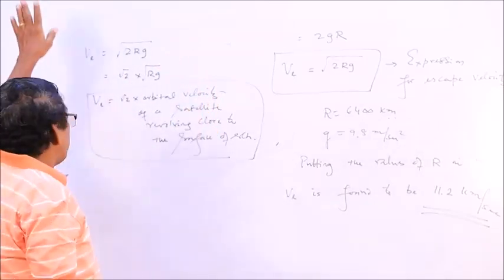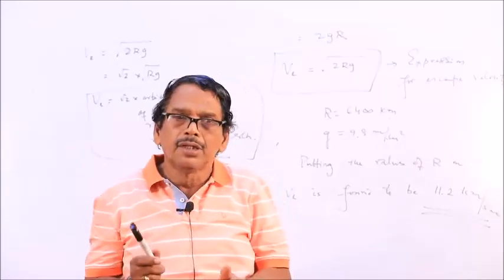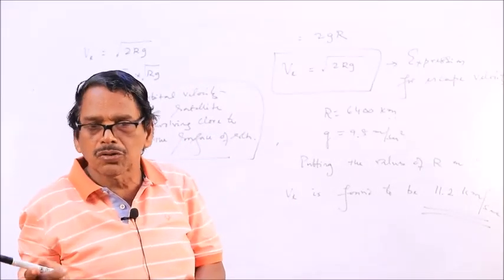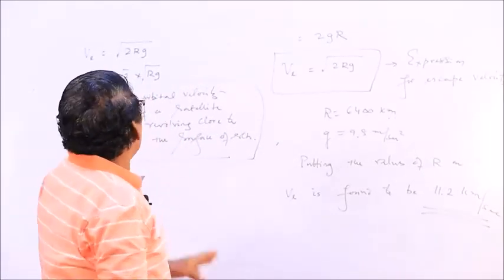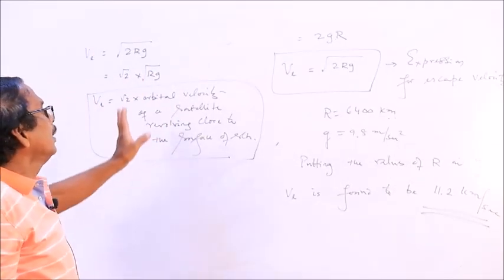Then Kepler's laws of planetary motion: there are 3 laws of Kepler, the law of orbit, the law of areal velocity and the law of time period, and then the orbital velocity of a satellite and the escape velocity.